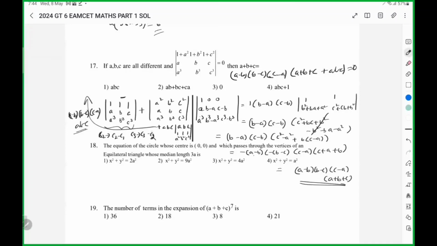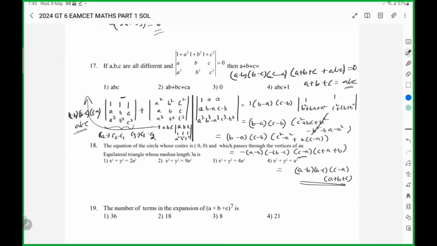Now let us check. B minus C minus of A minus B, C minus B. Then here we'll have A plus B plus C is ABC.